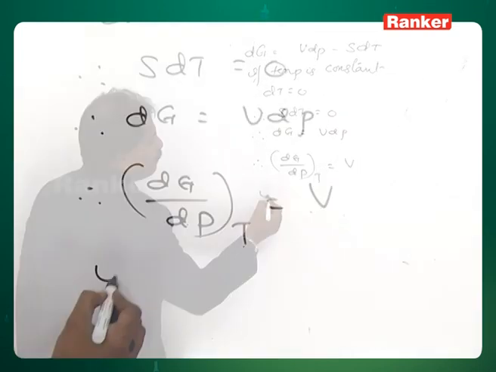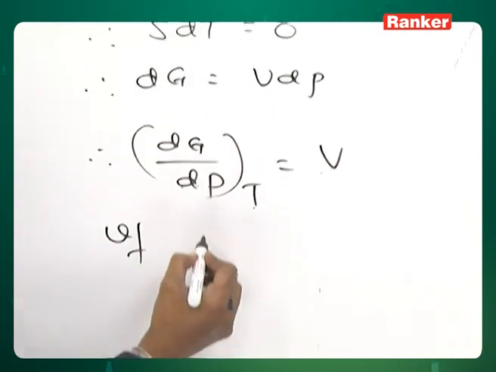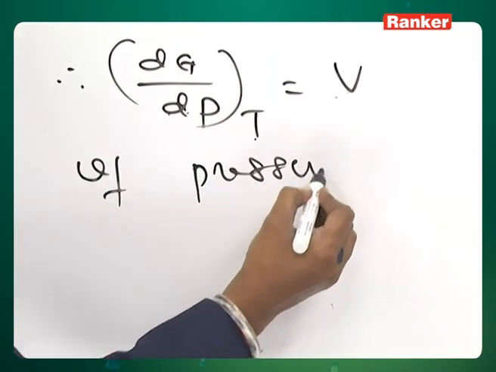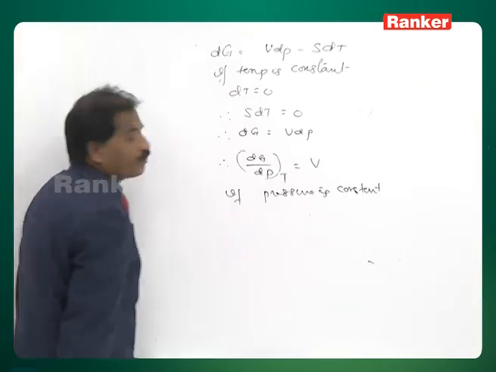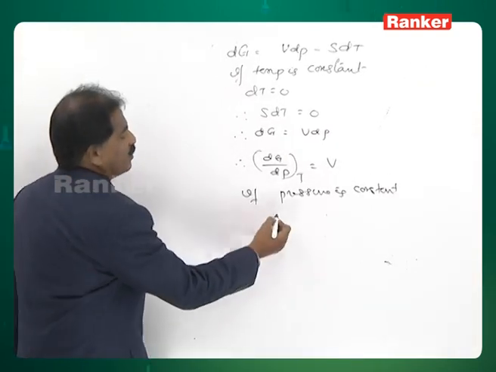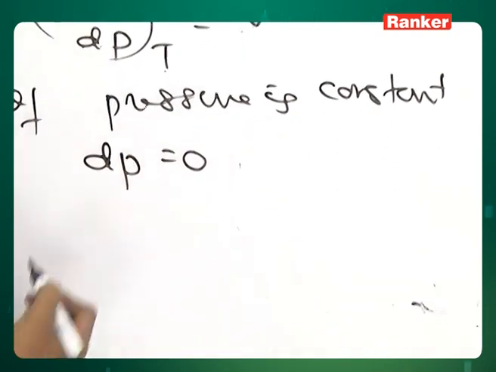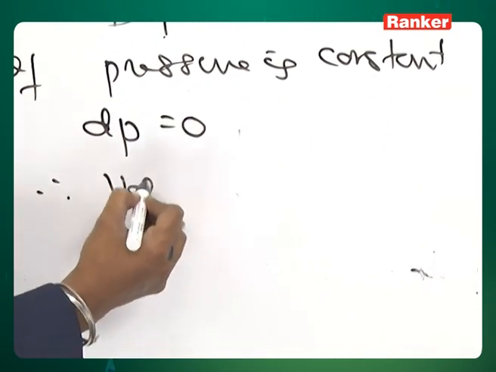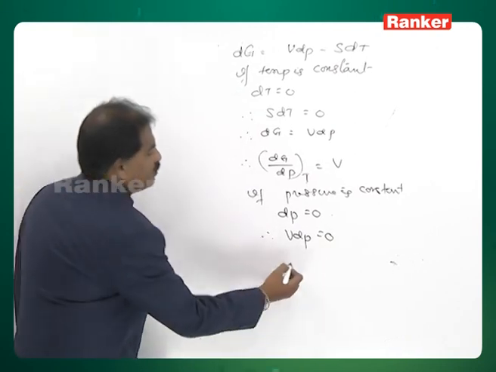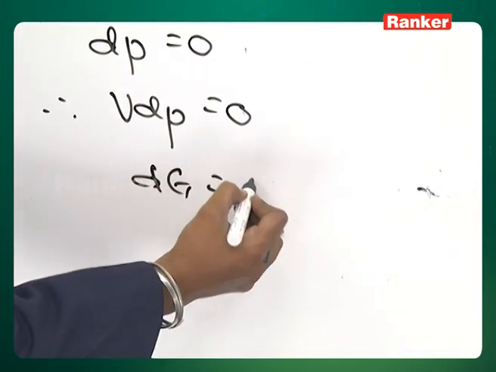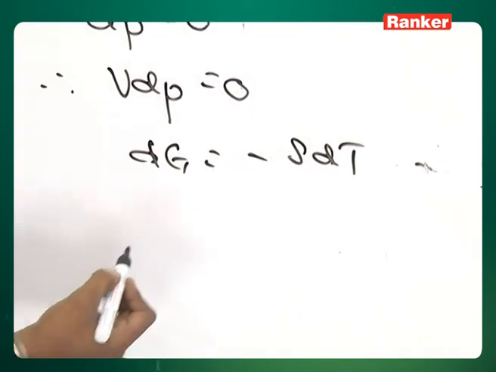Next, similarly, if pressure is constant, dP is equal to 0, therefore V dP is equal to 0. Therefore, dG is equal to minus S dT.